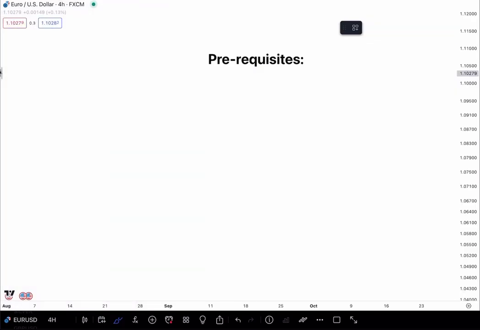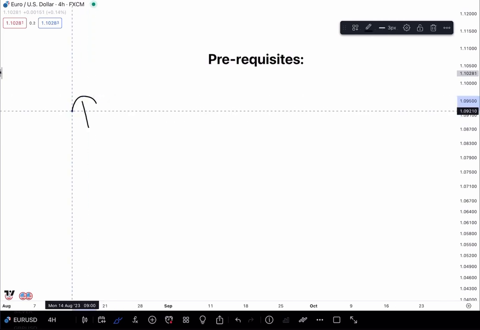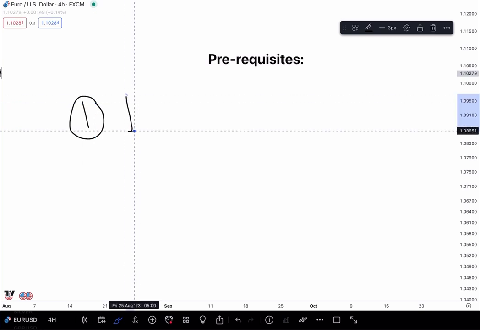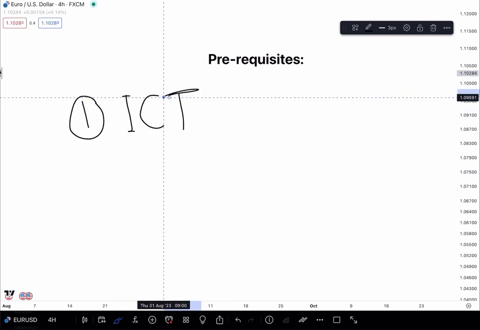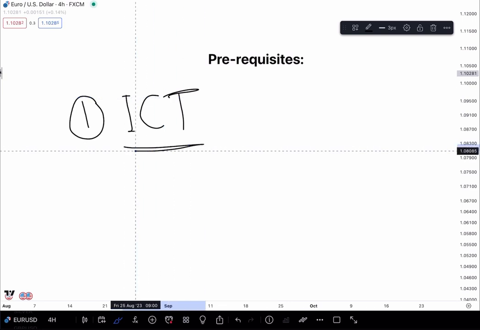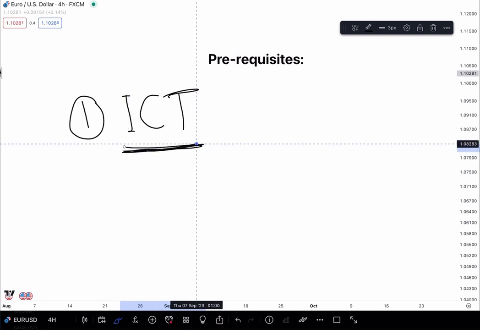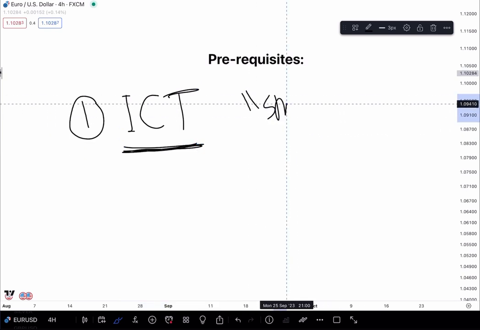In order to benefit completely from this material, you have to be at least familiar with ICT's concepts. Most of the stuff, ICT has taken a lot of the knowledge which existed beforehand and summarized it into his little smart money concepts, right?